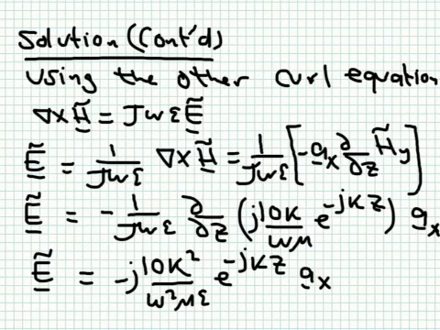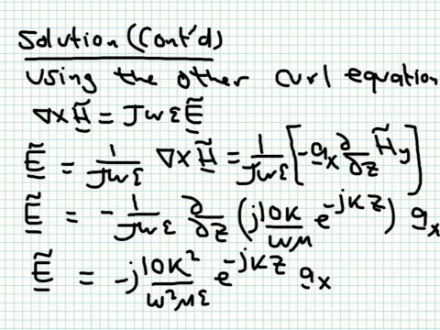So using the other curl equation, the curl of H is equal to j omega epsilon E. In the time domain, this was curl H is equal to partial D partial t, and D is equal to epsilon E. So from this one I can say that E is 1 over j omega epsilon times the curl of H. We know everything here because H is already known.